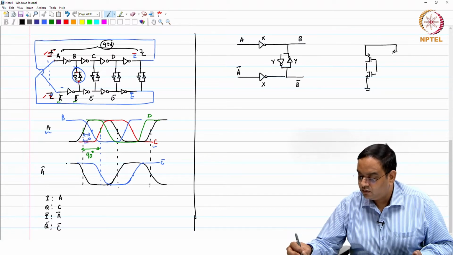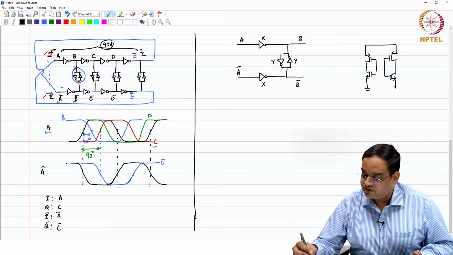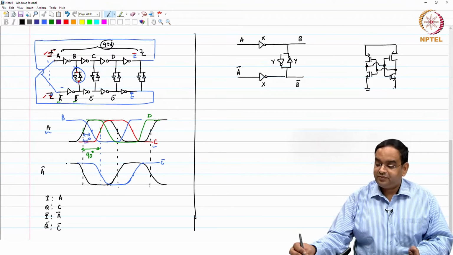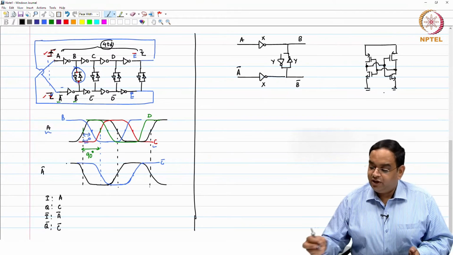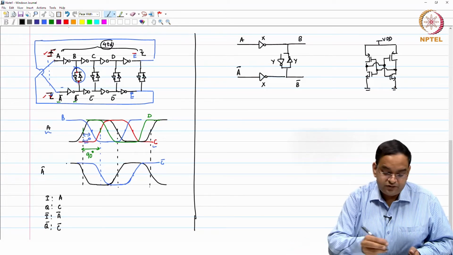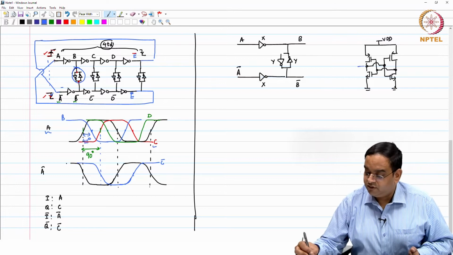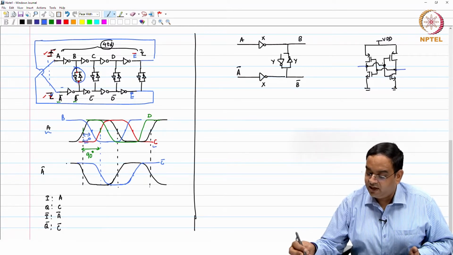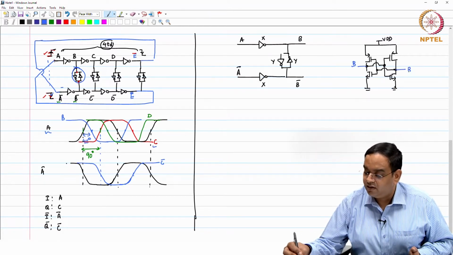So, if you understand how it is being connected, this is connected here and this is connected here. Okay. So, what is going to happen is that the inputs to this inverter, which we are connecting between A and A bar, here in between B and B bar.